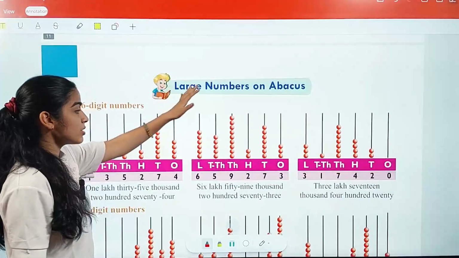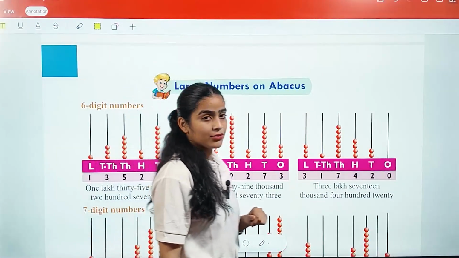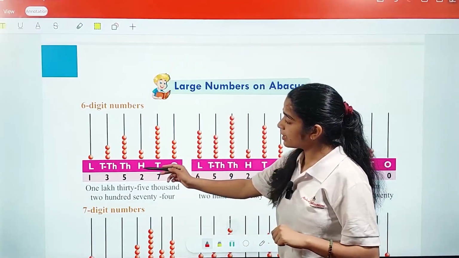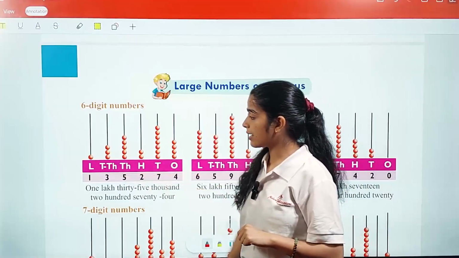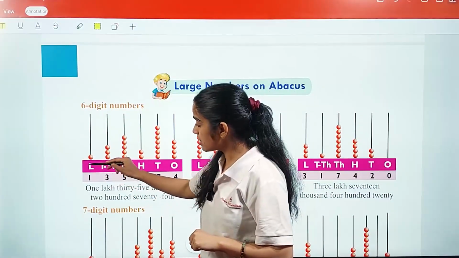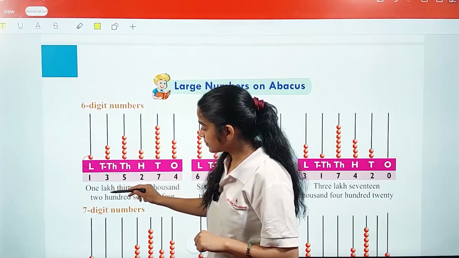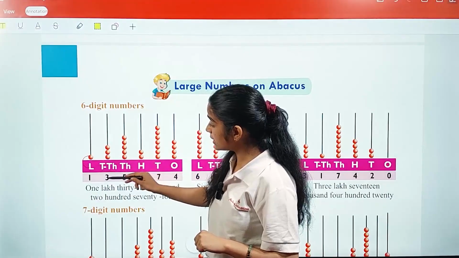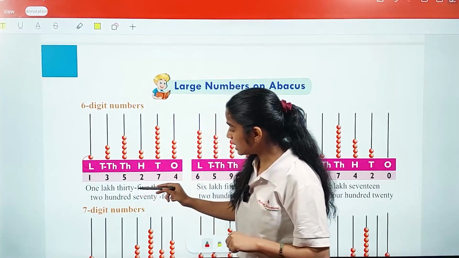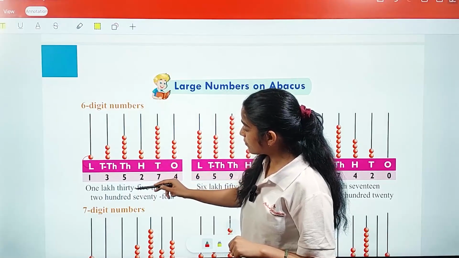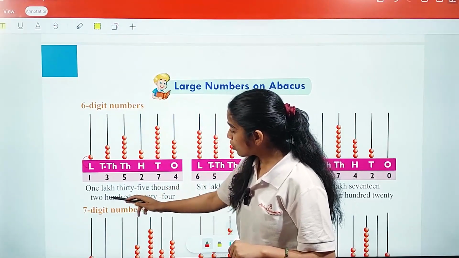Now large numbers on the abacus. We have to arrange our sticks on the place values like ones, tens, hundreds, thousands, ten thousands and lakh. So now we have one bead in lakh. So it means 1 lakh. Then 3 in thousands means 3,000 and 3 in ten thousands means 30,000. Then 5 thousand, so 35,000.